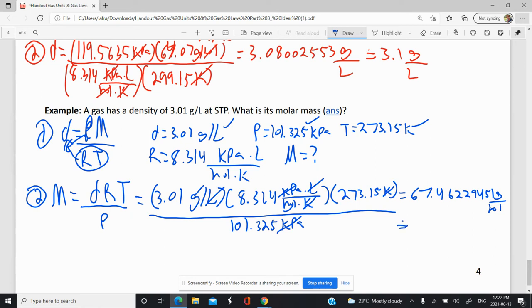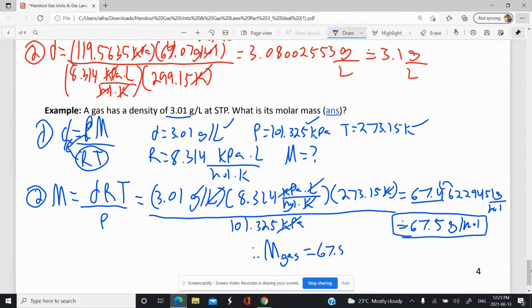Rounding to 3 sig figs, approximately 67.5 grams per mole. Therefore, the molar mass of the gas that we don't know is 67.5 grams per mole.